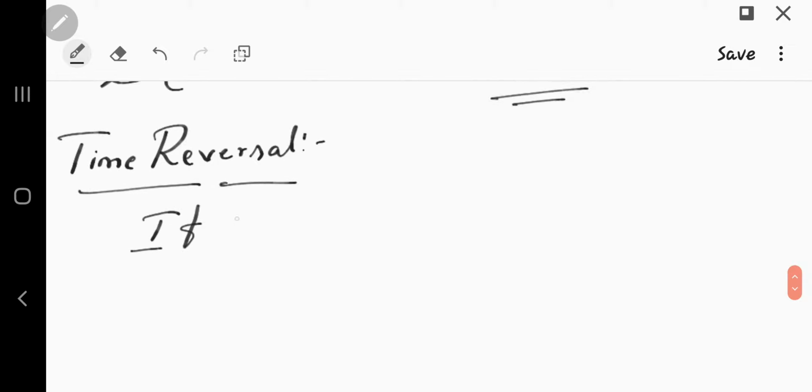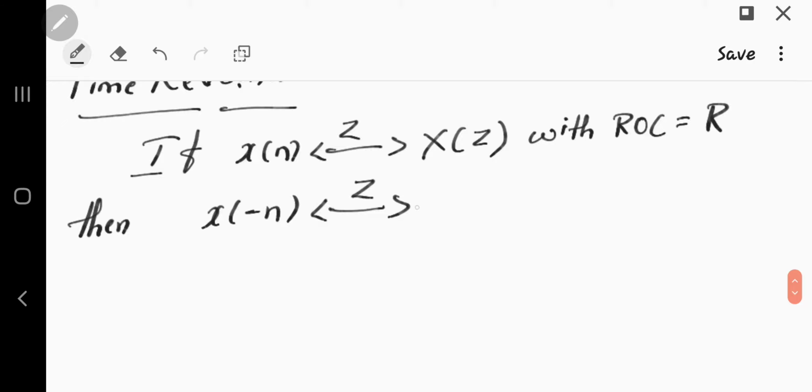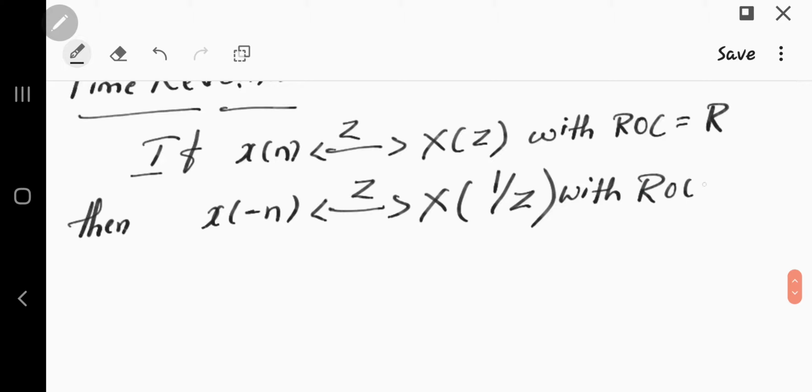So the statement says if x of n gives X of z with ROC as R, then x of minus n will give X of 1 by z with ROC 1 by R.